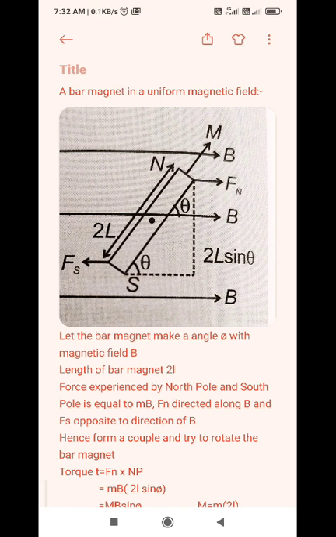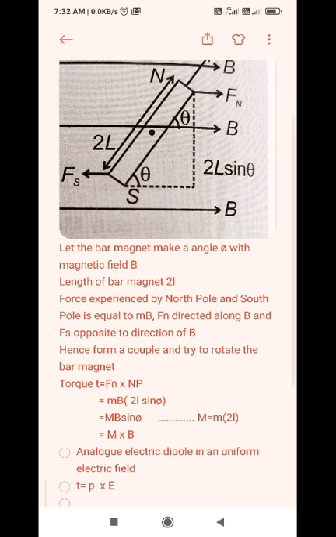Now these two forces form a couple because they are two equal and opposite forces acting at two points, and hence they will try to rotate the magnet in the direction of the field.